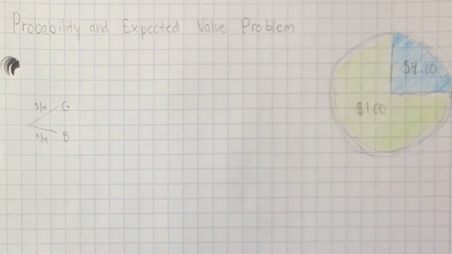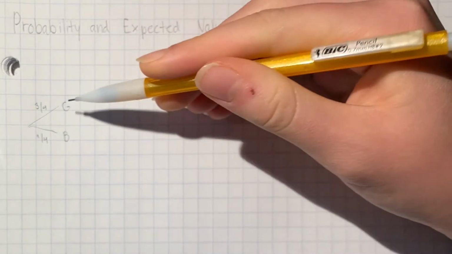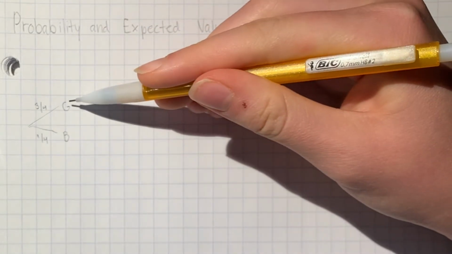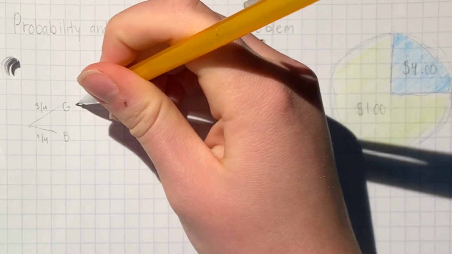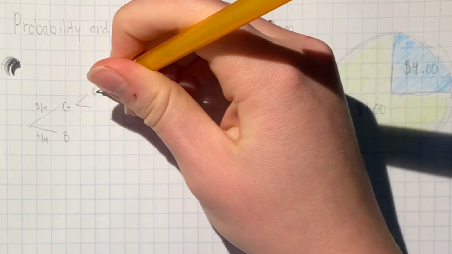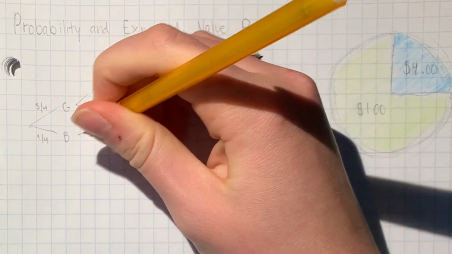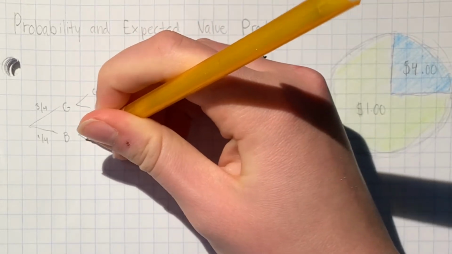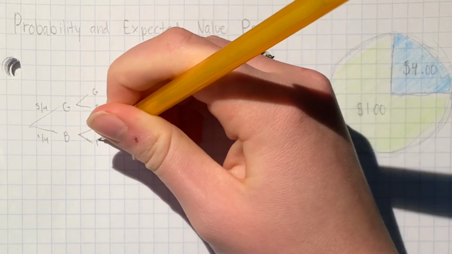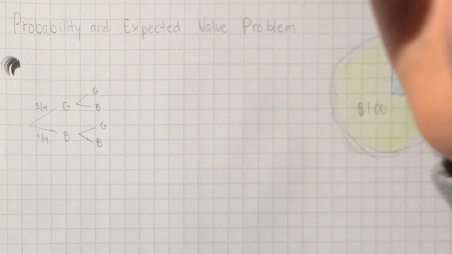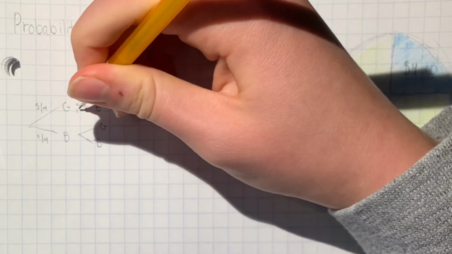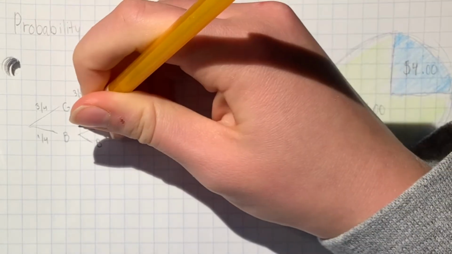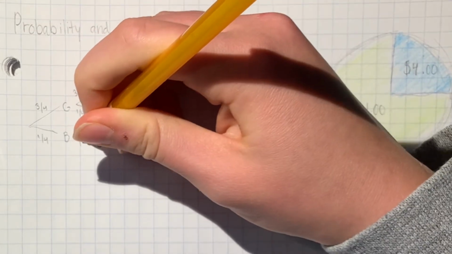So now, our next option is again green or blue, but this can branch out from green and blue. So let's do that. So we got green or blue and green or blue. Once again, the probability of this is 3/4 and 1/4 and 3/4 and 1/4.